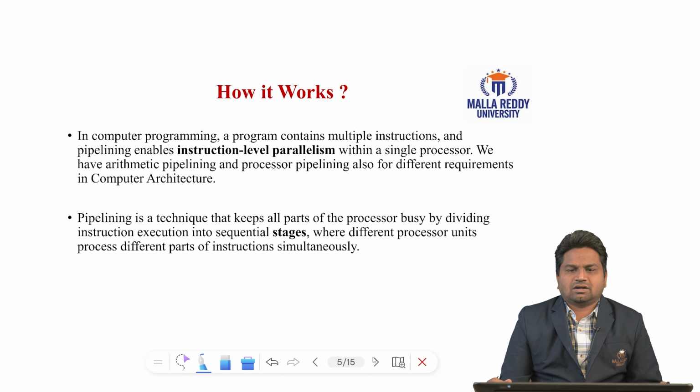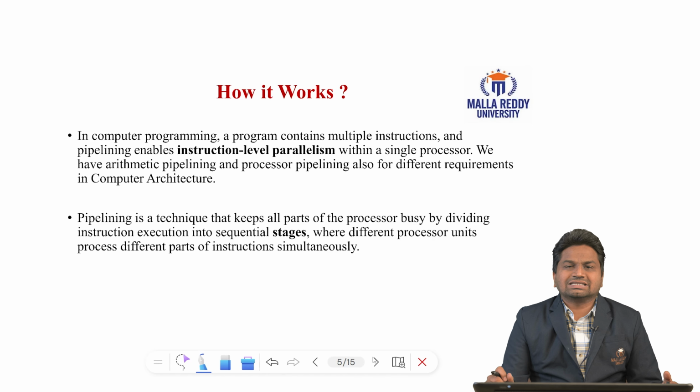How does it work? In computer programming, many kinds of programs are executed for our requirements. One program is a combination of many instructions, and each instruction is executed by the processor. At the initial level, each instruction is executed one by one.